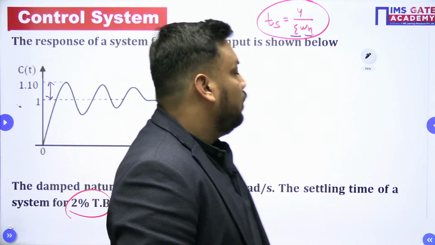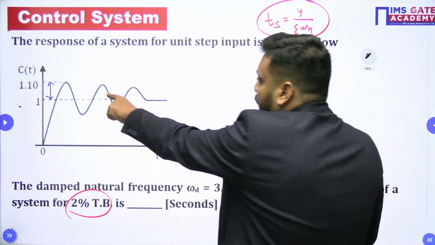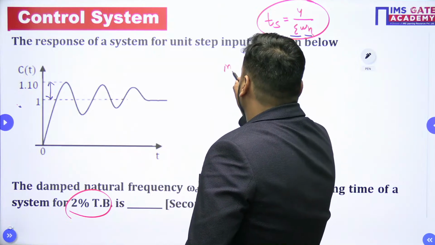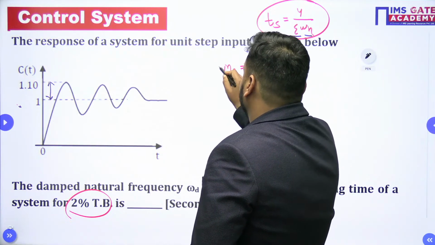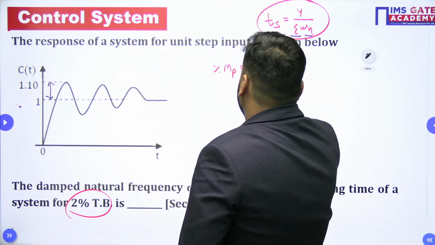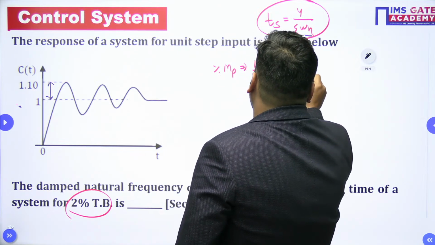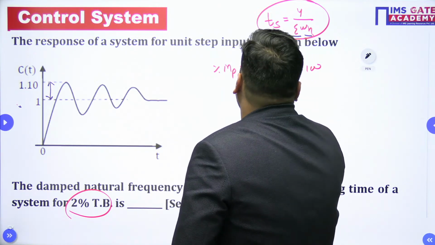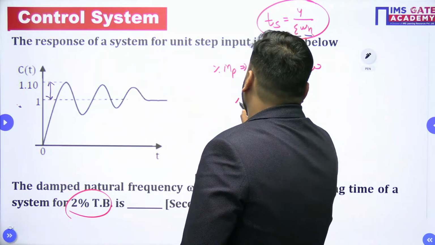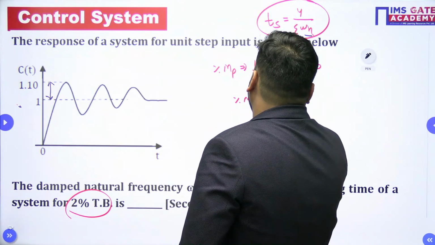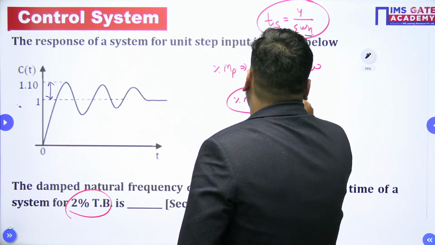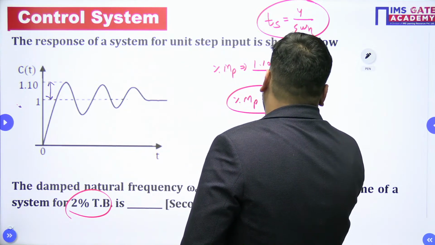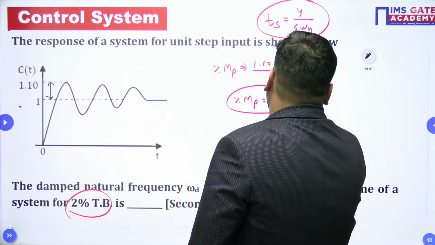Yes. So students, the maximum peak overshoot, percentage Mp, is (1.10 minus 1) upon 1 into 100. So it is nothing but 0.1 into 100, so percentage Mp you will get as 10%. If Mp is 10%, then without percentage it will be 0.1 only.